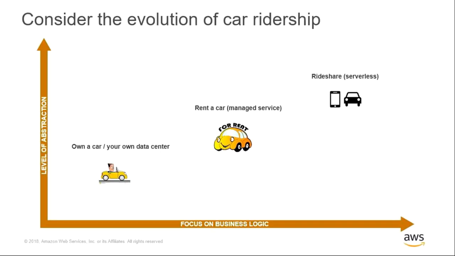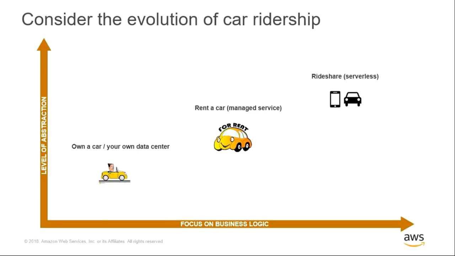You don't need to do any capacity planning. You don't need to pay anything when you're not riding. So we think of serverless as being like that, where you're only using those assets while you need them, and then when you no longer need them, somebody else can use them, and you're not paying anything. So that's how we think of serverless.